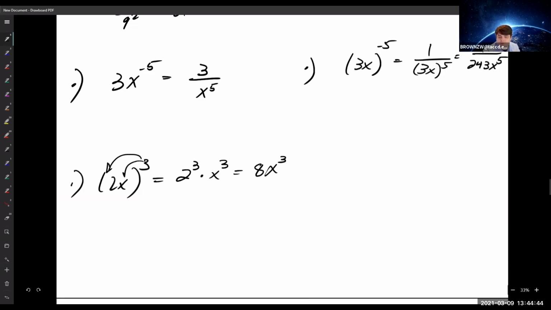And x cubed is just x cubed. There's no simplifying x cubed. So general rule of thumb, if you have a times b to some power n, we can write that as a to the n times b to the n. All right.